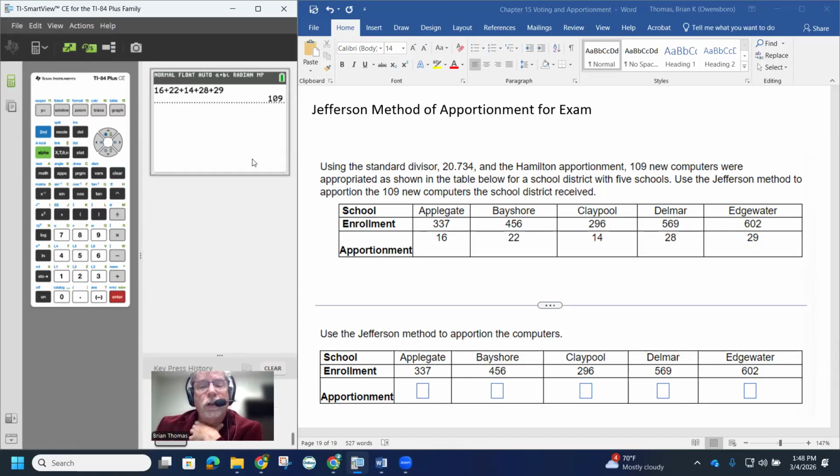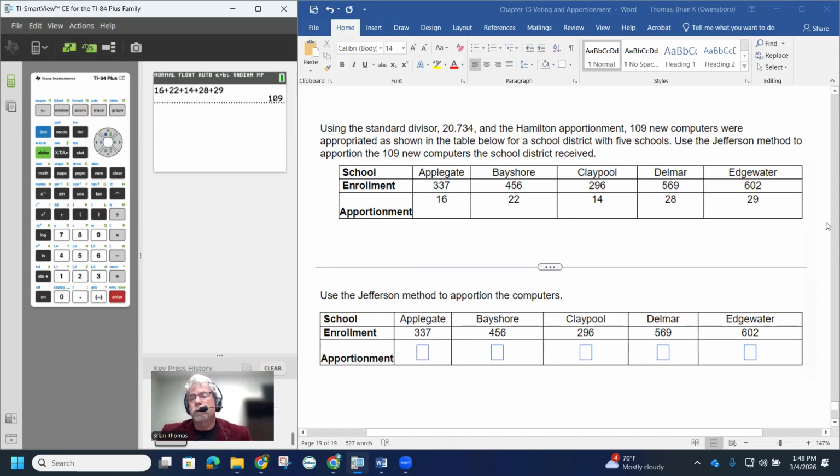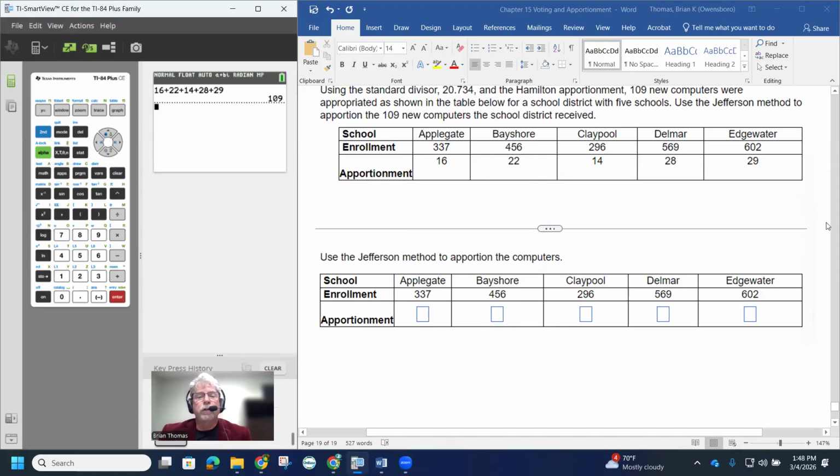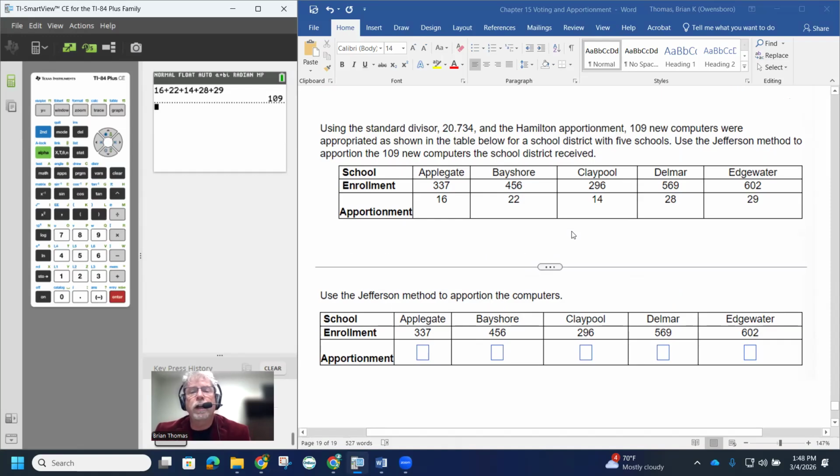So now using the Jefferson method, what we're going to do is divide these group populations by our standard divisor. But instead of using 20.734, I'm going to modify it down to 20 and just see what happens.